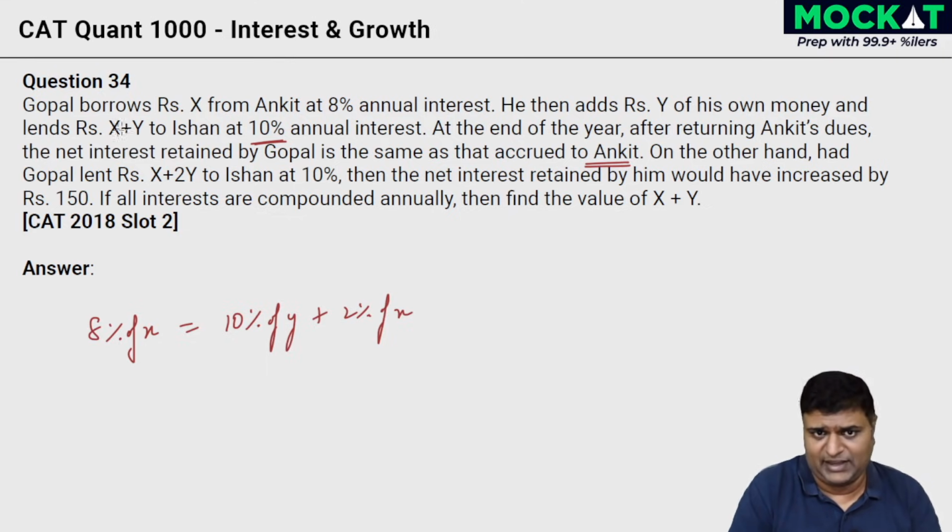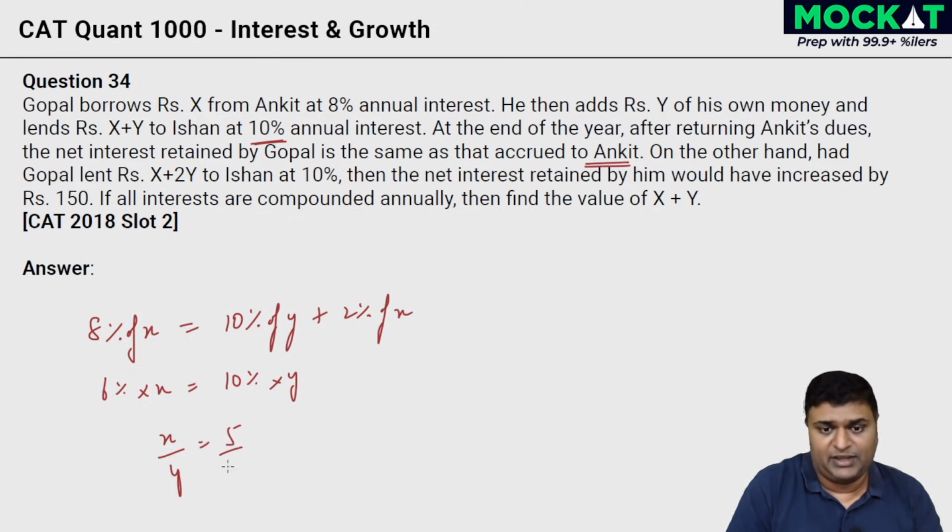I got 10% for the X and 10% for the Y. The full portion for Y is with me because that's the sum I gave. And on the X, 2% is my profit. I return only 8%, but I got 10%. These two are equal. So take the 2% there and you get 6% into X equals 10% into Y. So X by Y is nothing but 5 by 3. X and Y are in a 5:3 ratio.